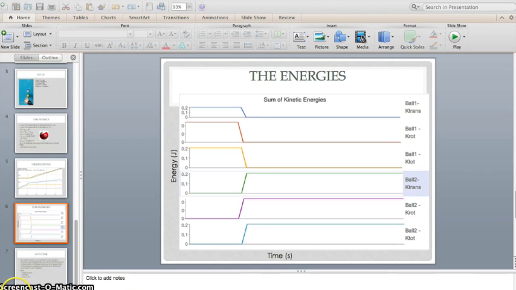We have the translational, rotational, and total kinetic energies of both of the balls. And as you can see, there is a beautiful transfer of energy from one ball to the other, and it is a seamless collision.